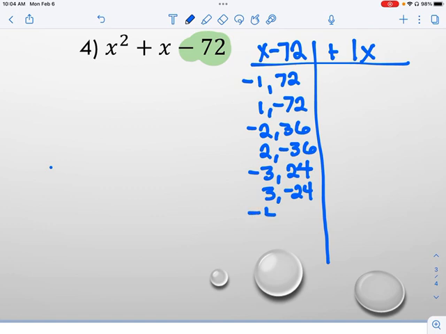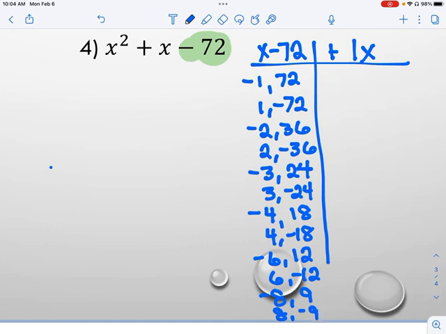I have negative 4 and 18, or 4 and negative 18. I have negative 6 and 12, or 6 and negative 12. And I have negative 8 and 9, or 8 and negative 9.